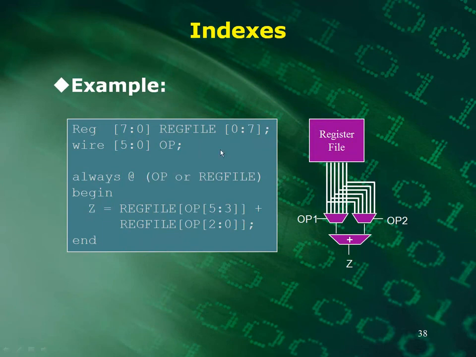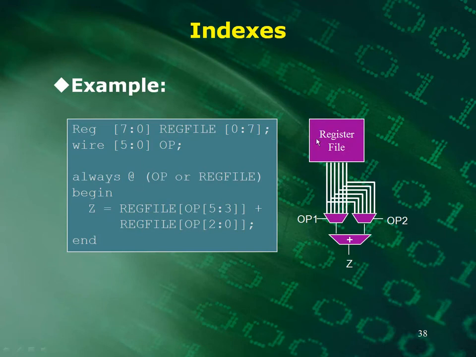Here's another example that's synthesizable. Here I have a little register called reg file. It's 8 bits wide and it's 8 deep. Okay, so it's like having 8 memory locations, 8 bits wide. Then I have a variable called op, and it's 6 bits wide. And I said always @ op or reg file.